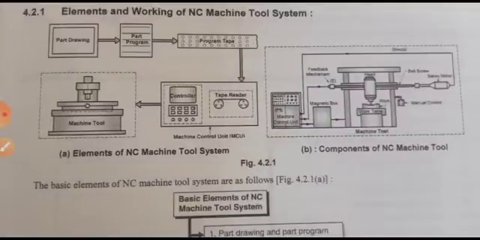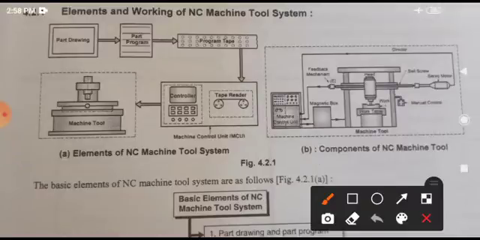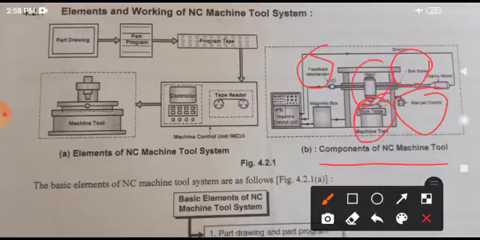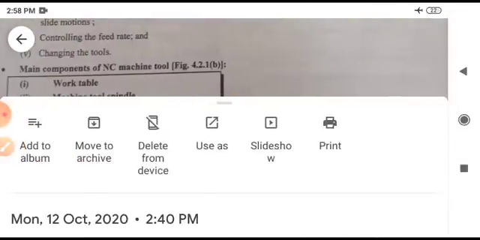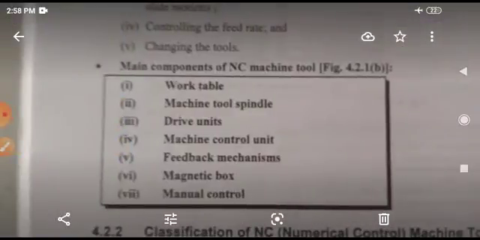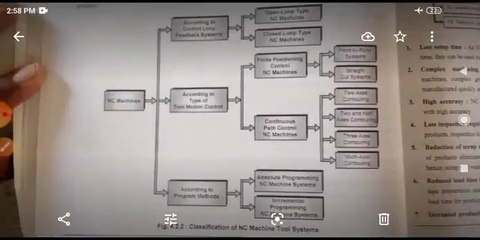You can see the parts in this component of the NC machine tool: feedback mechanism for reducing errors, spindle motor, ball screw, manual control, work table, head, magnetic box, and control unit. So all these are the components of the machine tool. Let's see them one by one: work table, machine tool spindle, drive units, machine control unit, feedback mechanism, magnetic box, and manual control.